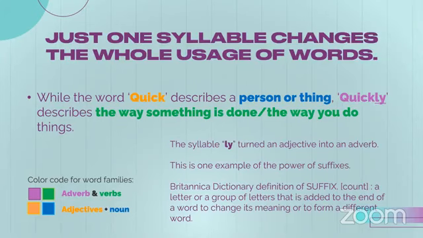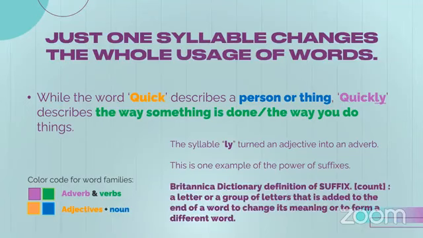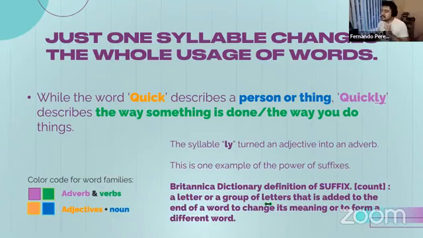Britannica dictionary definition of suffix: a letter or a group of letters that is added to the word to change its meaning or form a different word. To change its meaning or to form a different word. I like that definition. You know?